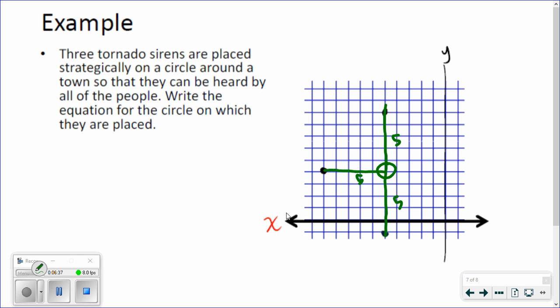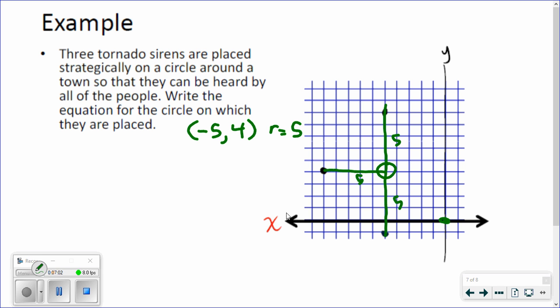Okay, so what is the equation? What is the coordinate of that point there? Here's 0, 0, and it is over 5 and up 4, so my center is at negative 5, 4. And what's the radius? The radius is 5, which we've dealt with a lot in these examples already.